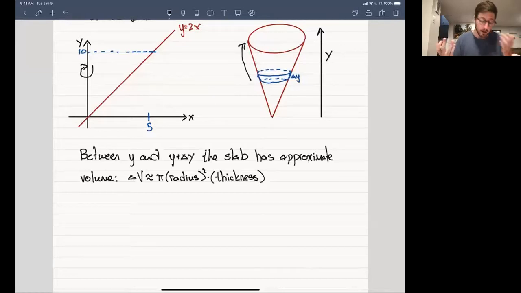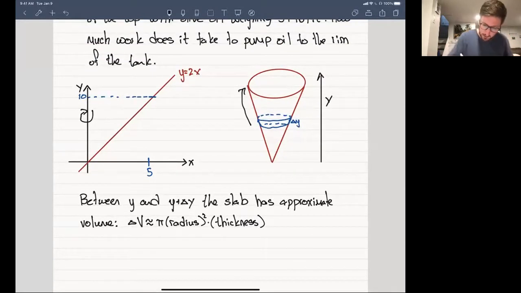So the question is, what is the radius of this? Well, let's take a look at my picture that I have right here. What we can see is that if I'm at, say, height y right here, then the radius is going to be this distance out to my curve right here. And so the question is, what is that distance?